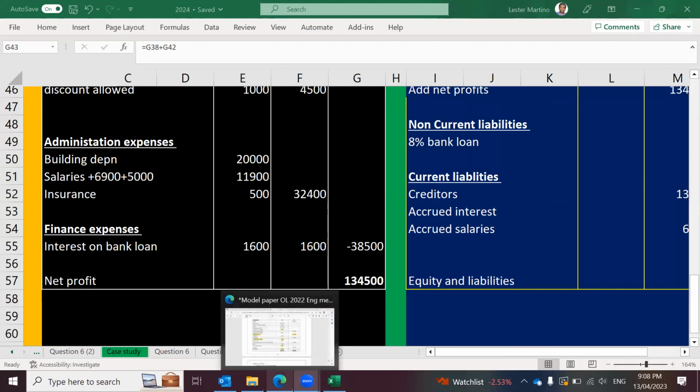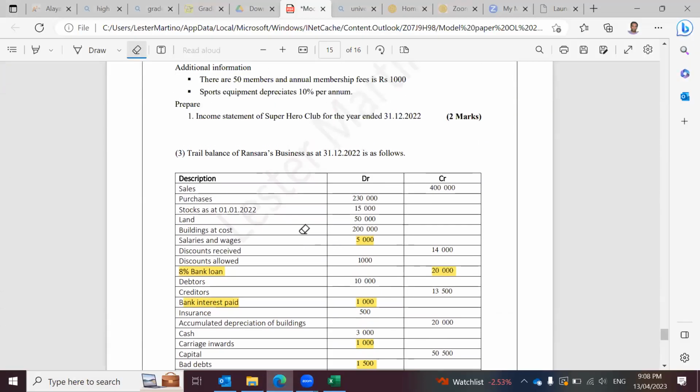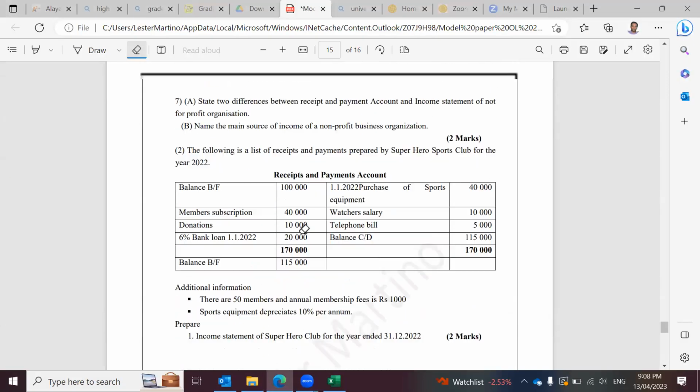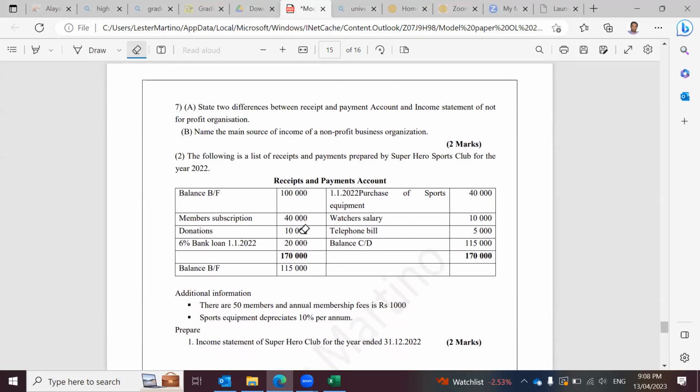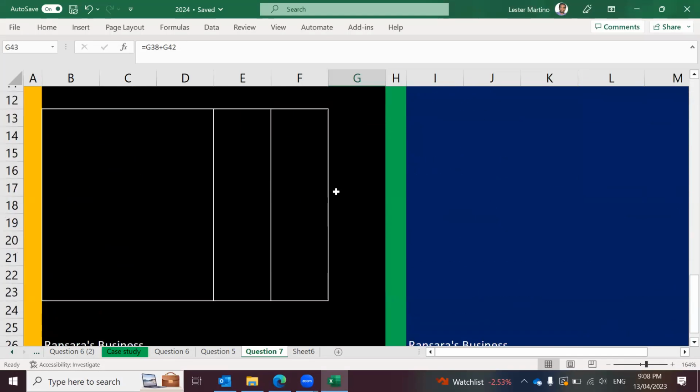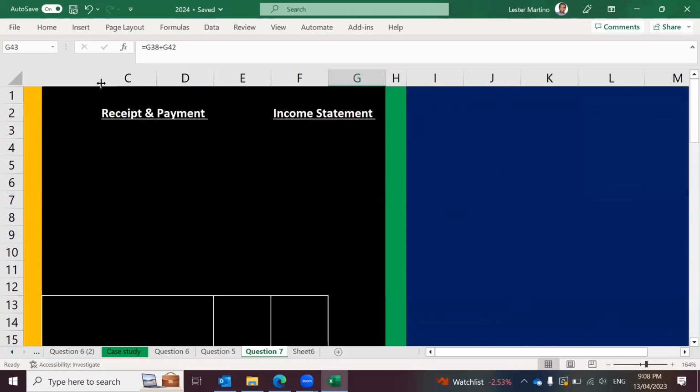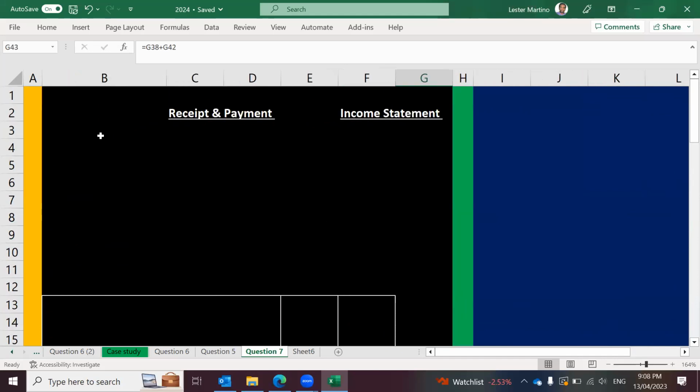In the paper, you have question number 7. State two differences between receipt and payment account and income and expenditure account. So you use the table for this. So write it down, basis of preparation.